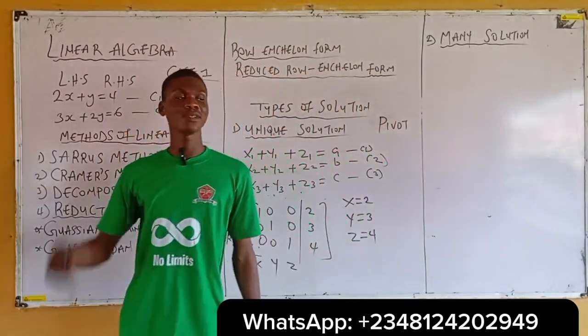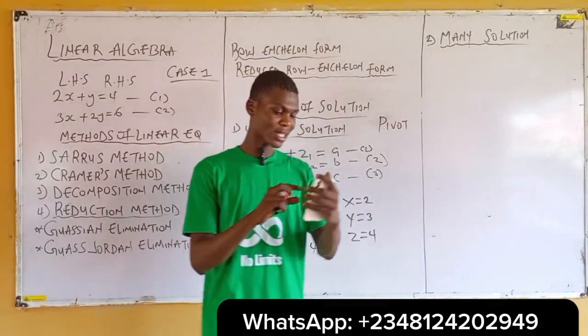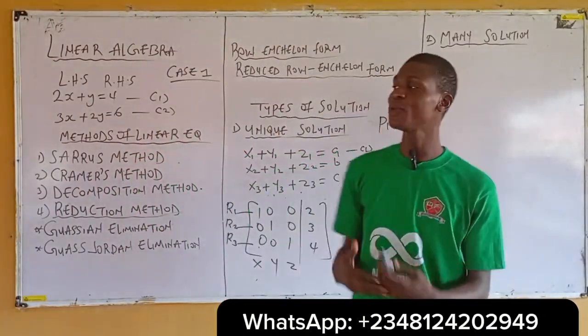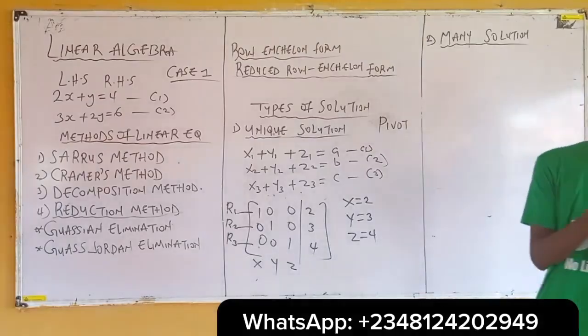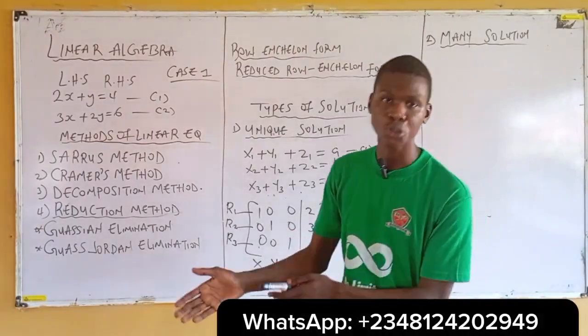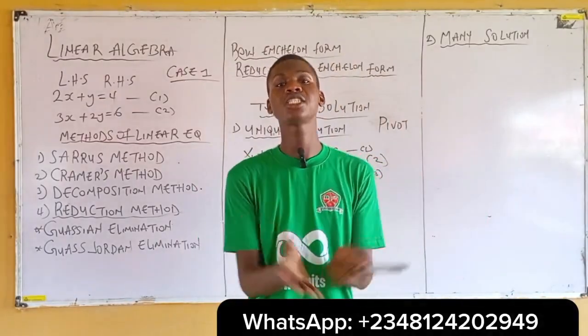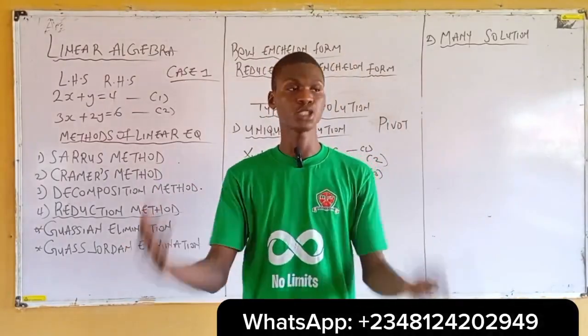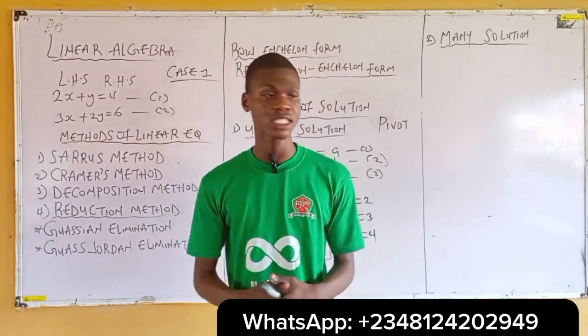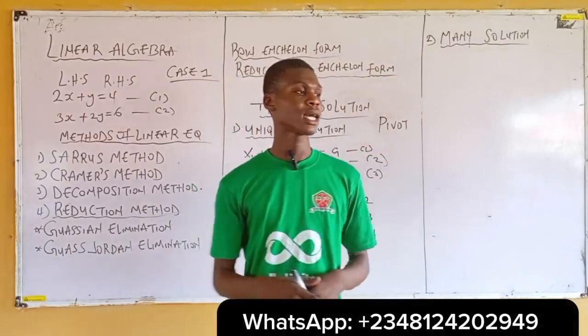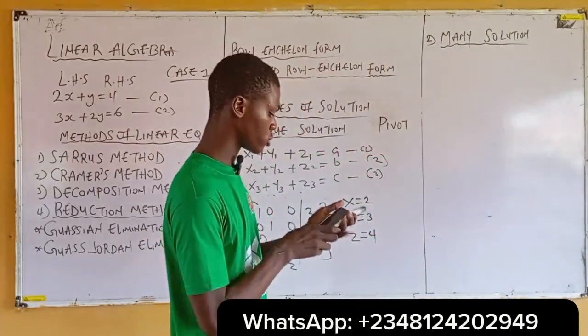Do you understand what that means? Okay, let's understand what it means. By many solution, just like as the name implies, unique solution, a distinct value. Many solution, different values of the unknown variables in this equation. Any value you substitute will definitely satisfy this equation, meaning the left hand side will be equals to what? Right hand side.